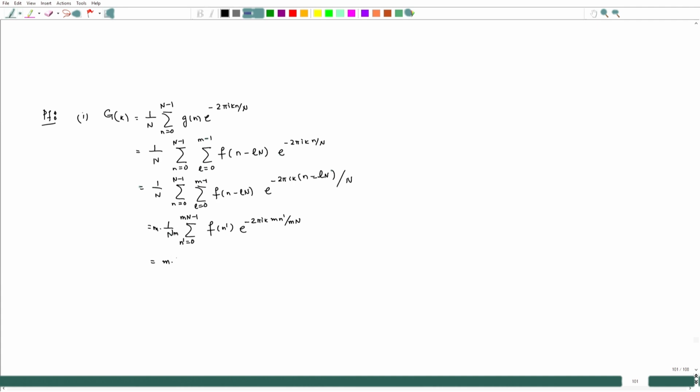So this is nothing but the Fourier coefficient of f, that is what we want to prove, f hat of mk, because the mk is coming. Okay, so in exactly the similar fashion one can get the second part of this. If you do the breaking up of the sum like this, you will get the proof of the second part.